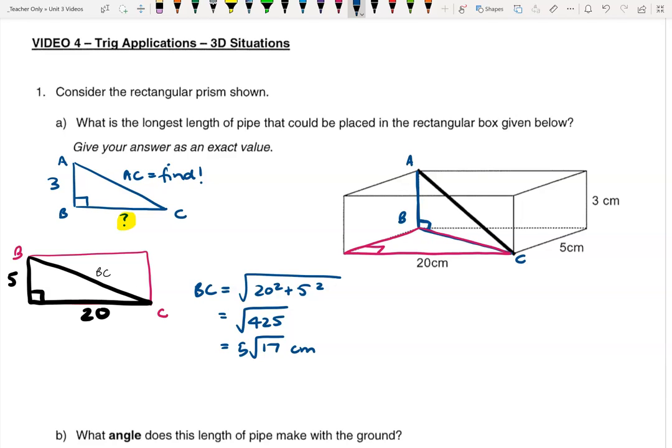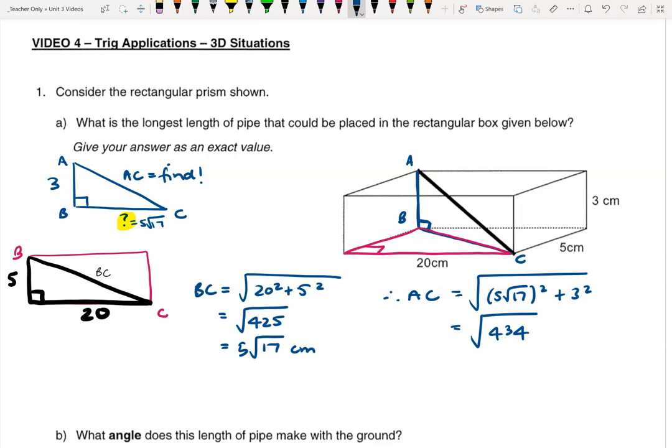So now that we know that this is 5 root 17, we can work out AC, the length of the longest pipe. So again, we're going to use Pythagoras because that's going to be the hypotenuse of that first triangle. So that's going to be 5 root 17 squared. Well, we know that's 425 plus 3 squared. So we've got the square root of 434.